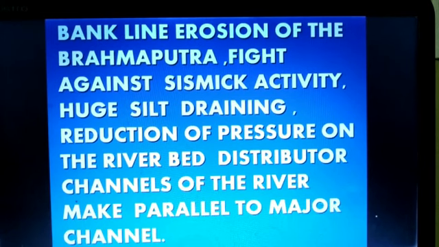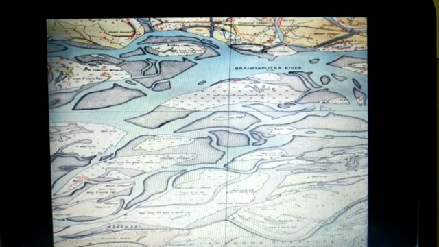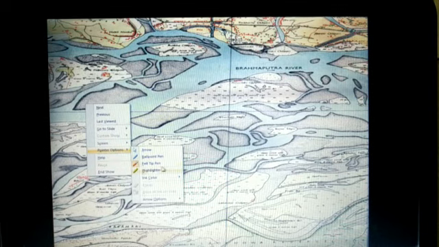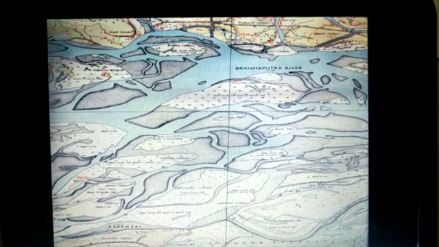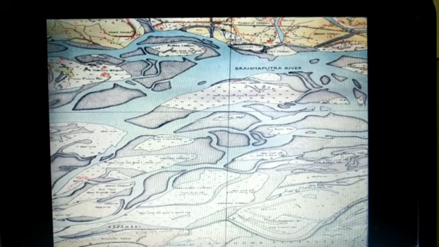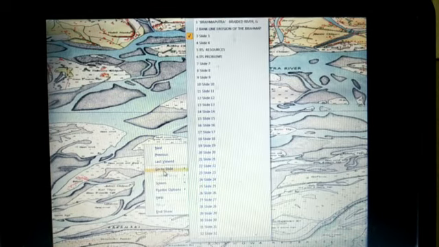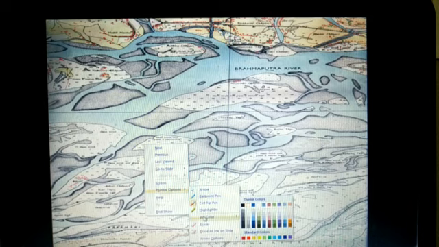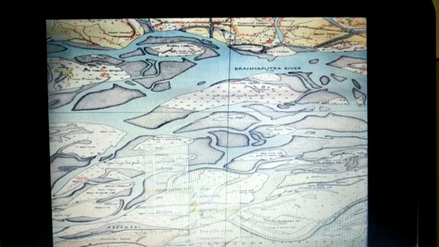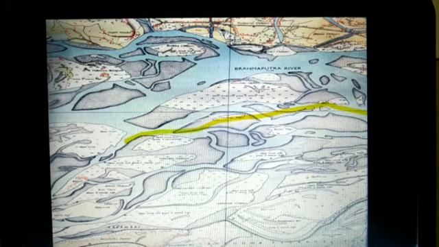And this part you can see, this is the main channel, and there are the parallel channels.